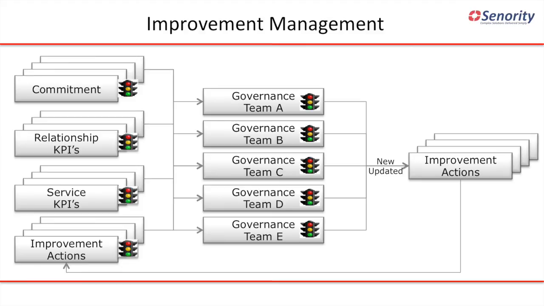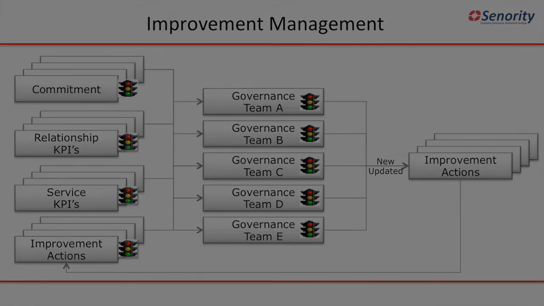Defined improvement plan actions can also be assigned to a governance team that is responsible for monitoring and managing the improvement action. In these governance teams, we use all of the input from all of the elements to either update or create new improvement plan actions so that the relationship stays healthy or, if possible, even improves.